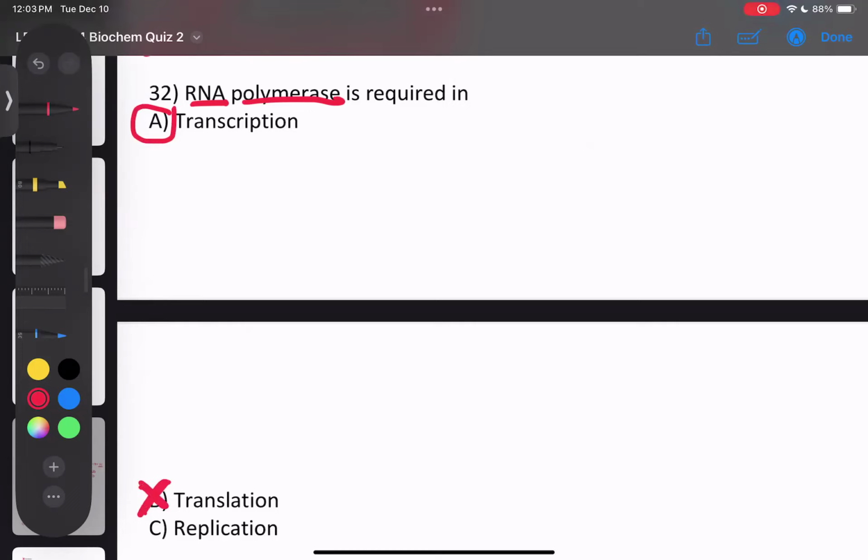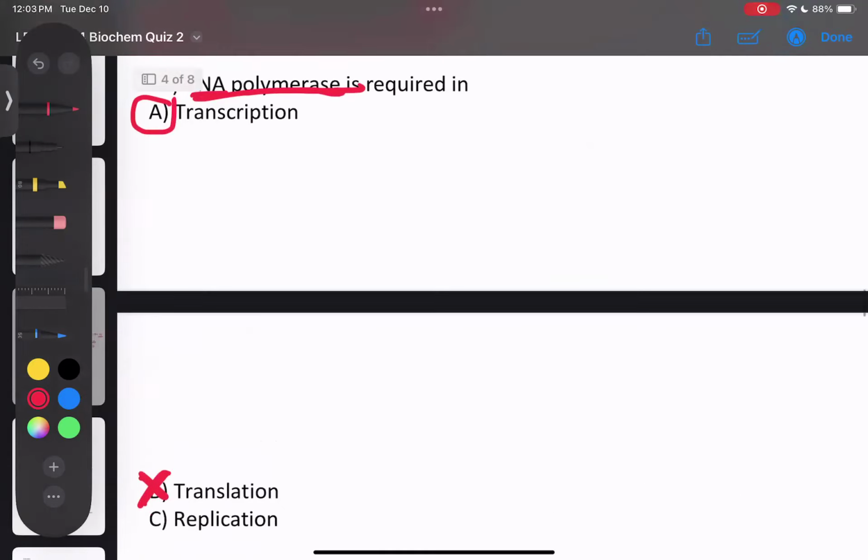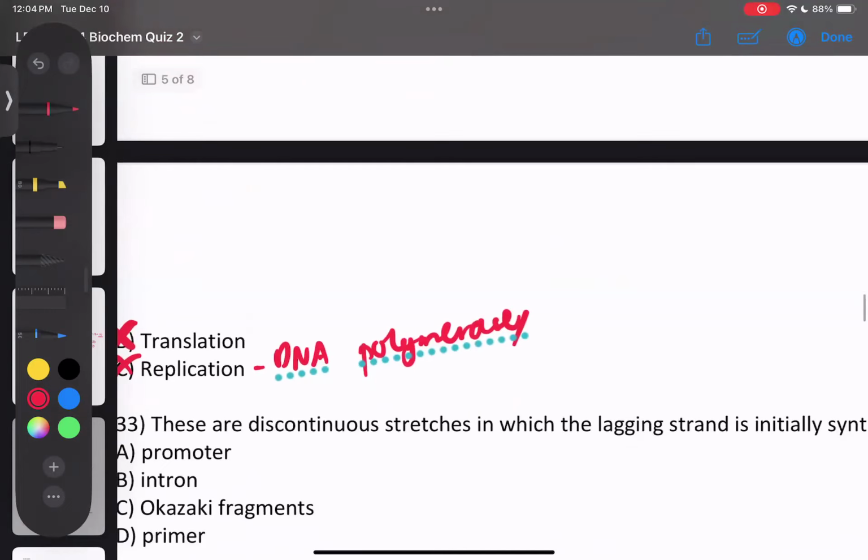So it will be something that creates proteins for some reason, but this word does not specify that. Or say, in replication, you want to make DNA. So the word used should be DNA polymerase, which actually is a legitimate enzyme name. You should have seen that when you studied the process of replication.